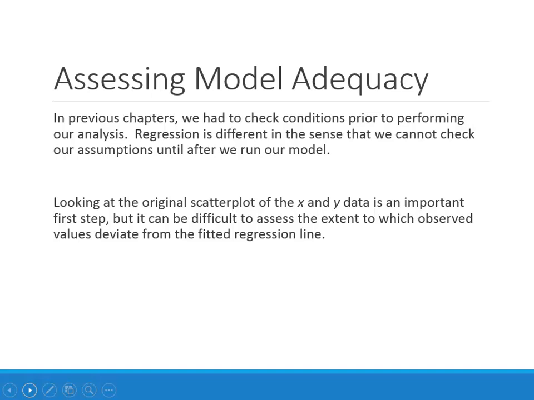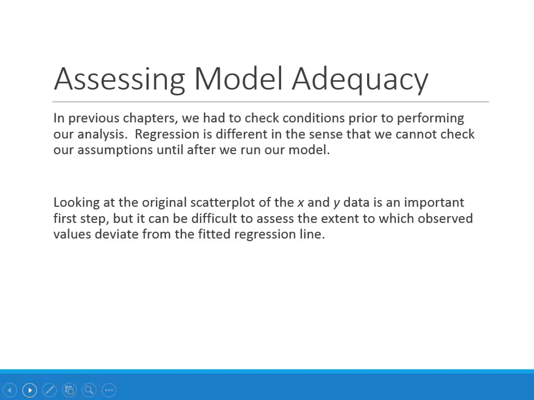In this setting, it's more of an assessment for the model that we put together. In previous chapters, we checked conditions prior to doing our inference, or prior to doing a confidence interval or a test. Here in regression, we will do our checks or our assessment after we've fit the model, to then know if it's okay to use the results that we've gotten.